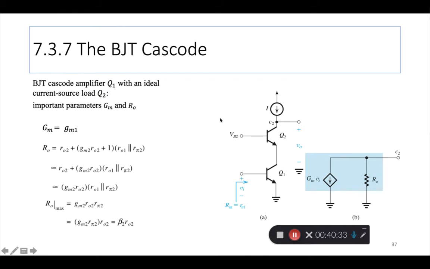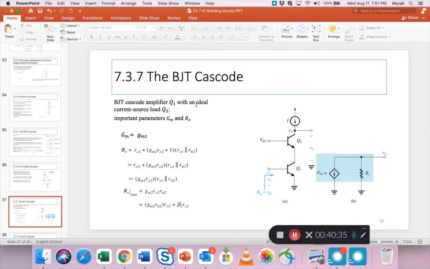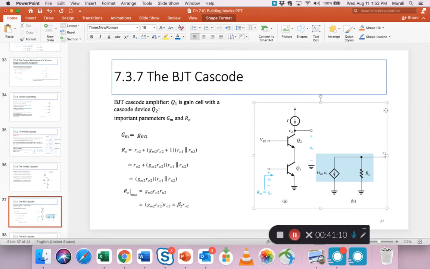This is not an ideal current source load. I'm sorry, that's what I should have said there.